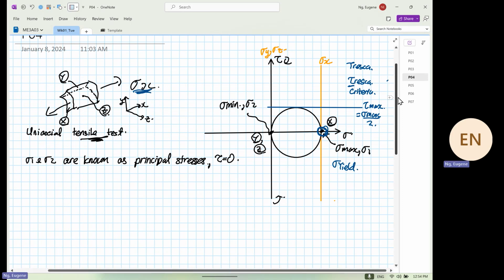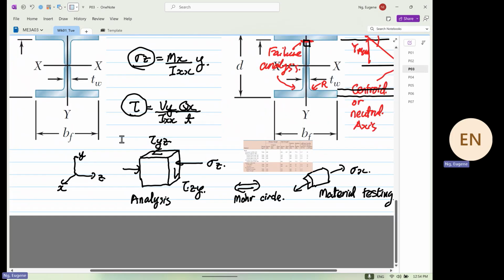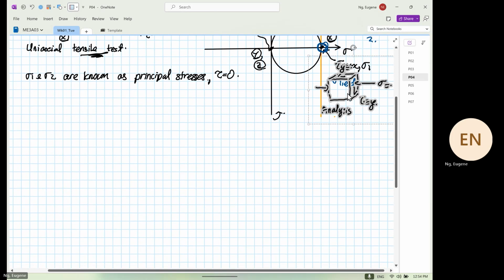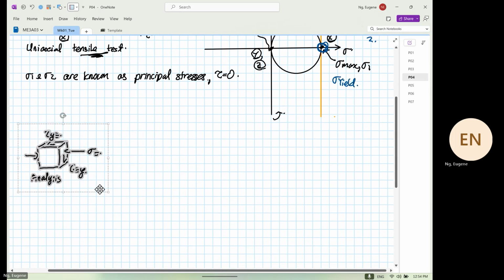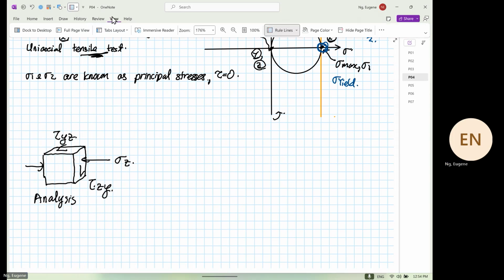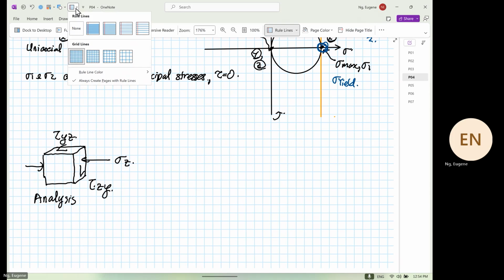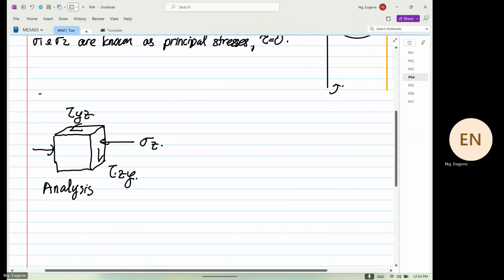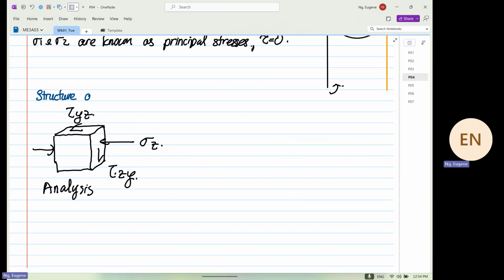From here, we are going to look at our analysis. Okay. So our analysis is we have a diagram over here. This is from our structure analysis.